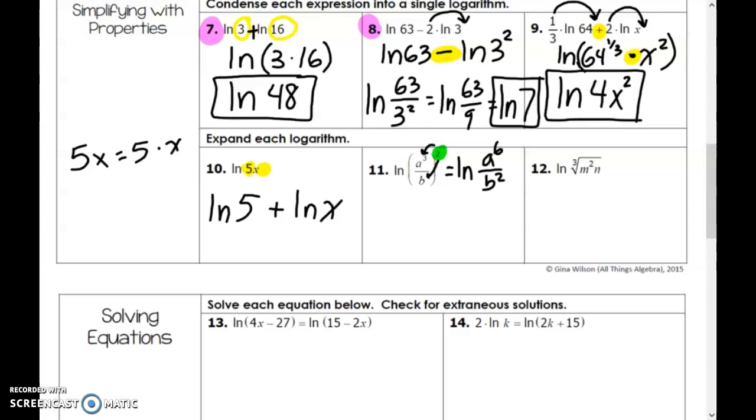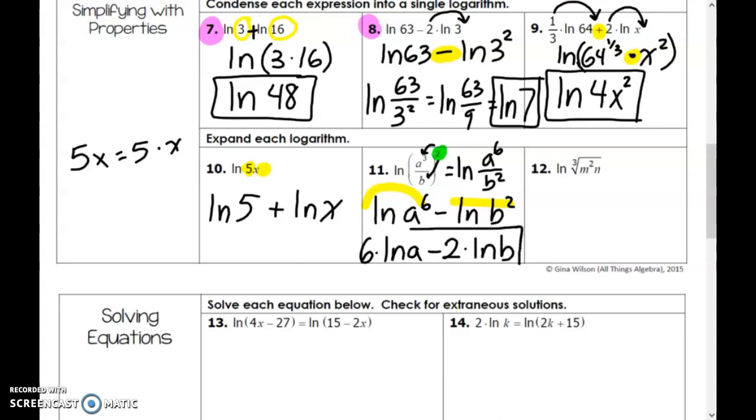We're going to move those powers out in front, and since it's a quotient, we're going to break them up. So we have the natural log of a to the 6th minus the natural log of b squared. That 6 goes there, that 2 goes there. So we have 6 times the natural log of a minus 2 times the natural log of b. Completely expanded.